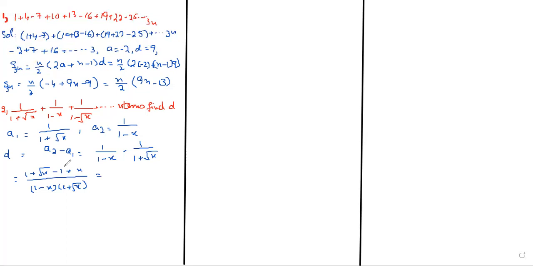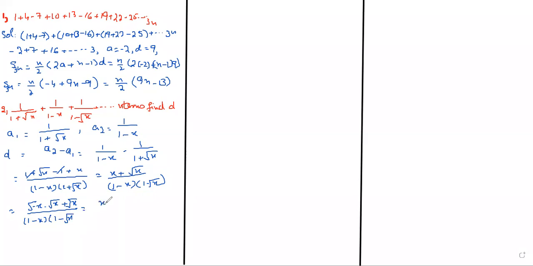So 1 is cancelled with this one, and we have x plus root x over 1 minus x and 1 plus root x. This x may be written as root x times root x, plus root x, and the denominator is the same, 1 minus x times 1 plus root x.